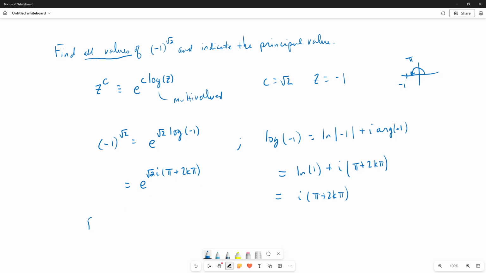So the principal value of -1 to the power square root of 2, we will just use pi for the argument. That's the principal argument. So it would be e to the power square root of 2 pi i. That's the principal value.